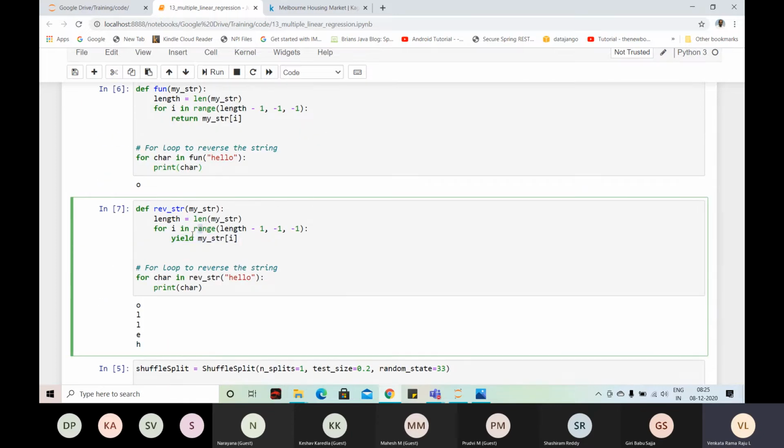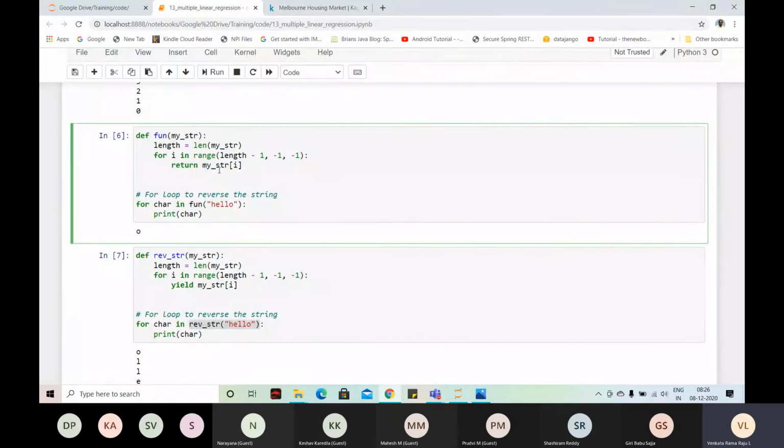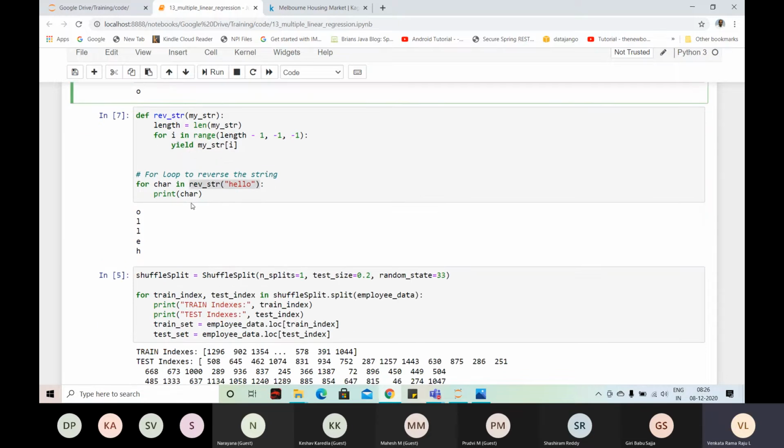It is making it work like a loop. The function is giving you one value at a time rather than all at once. If you do some processing and return, everything will come at once, but with yield, one at a time will come.